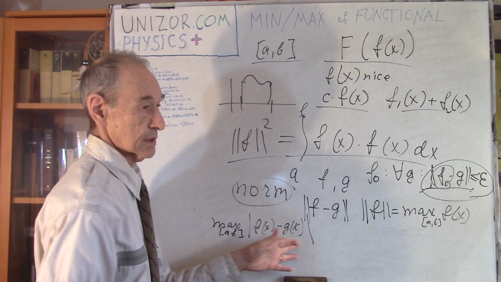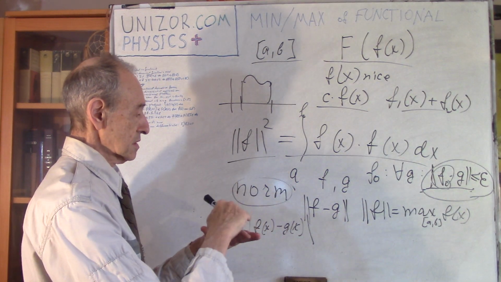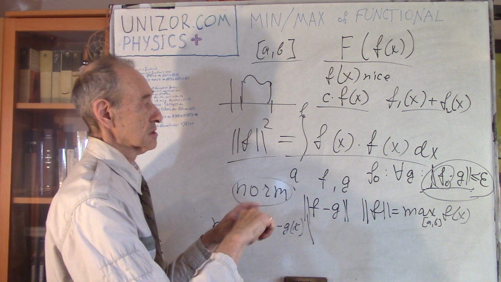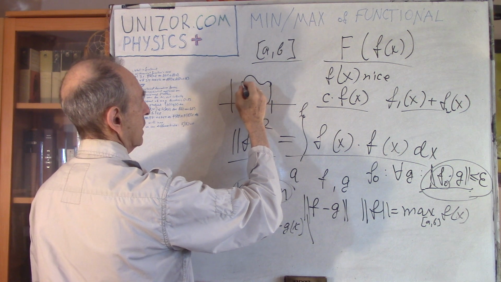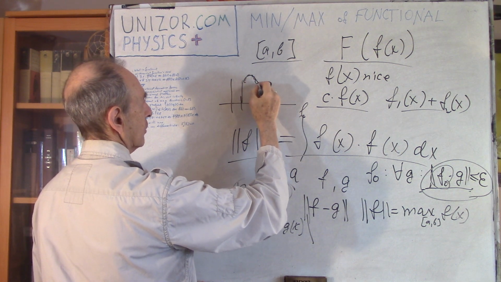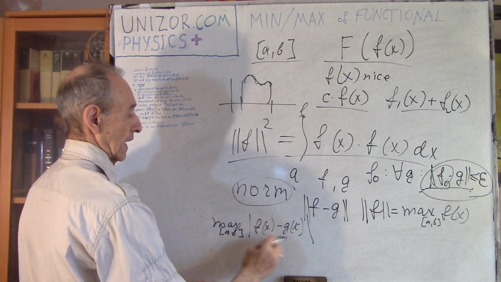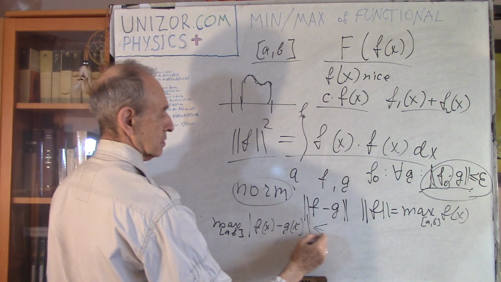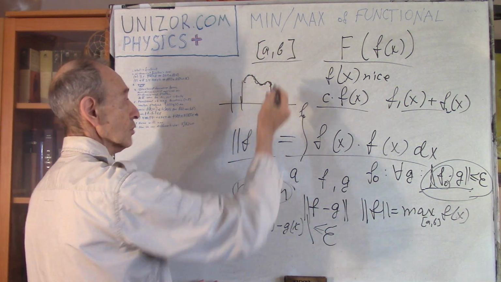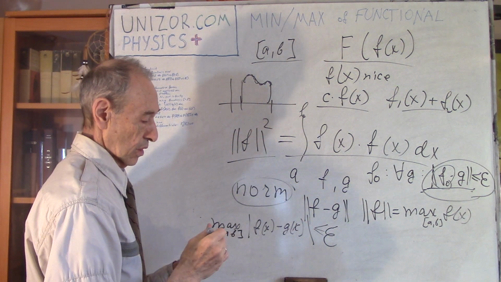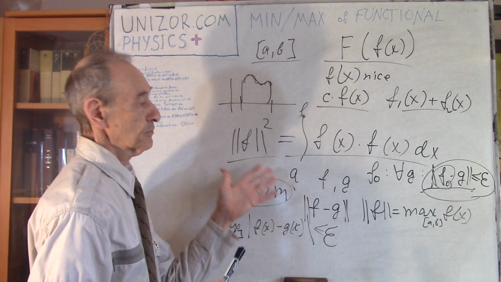This is also a distance, a kind of definition of distance. It means one function is not far from another. So if one function is this one, another should be somewhere around it. So the difference between them for any x does not exceed epsilon. So this is also a norm, or a distance, if you wish, between functions.